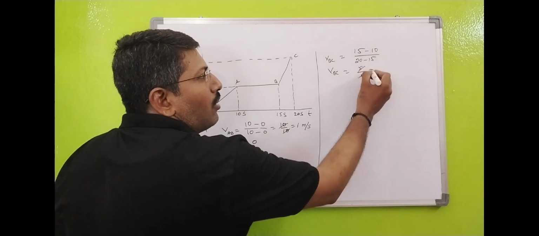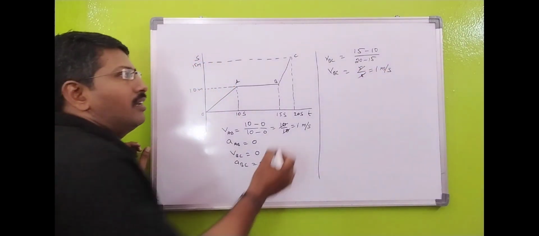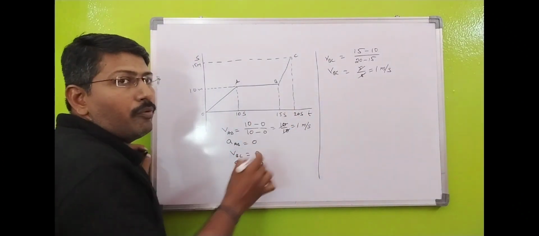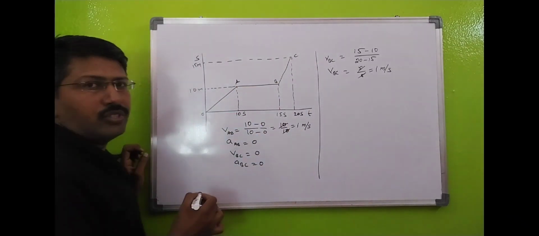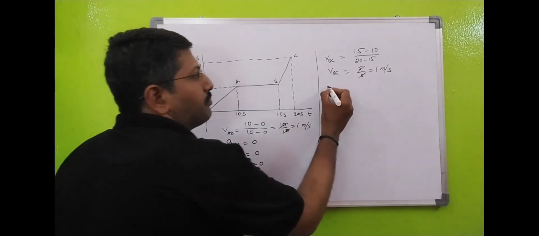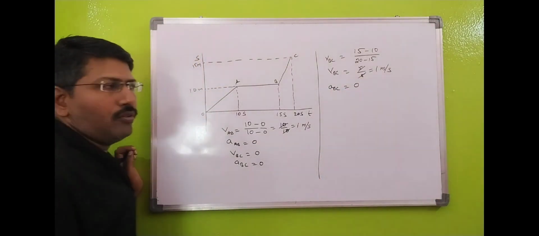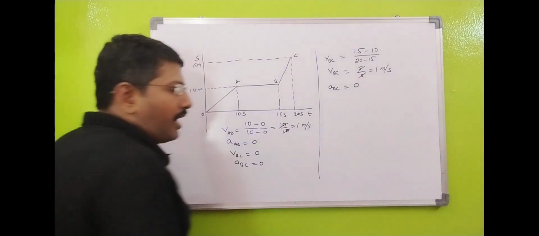What about acceleration? Here it is moving with constant velocity, no change in slope. Very, very important. Here also no change in slope. That means acceleration of BC equals 0. Okay, just remember and apply the concept. You should apply this concept in examinations.